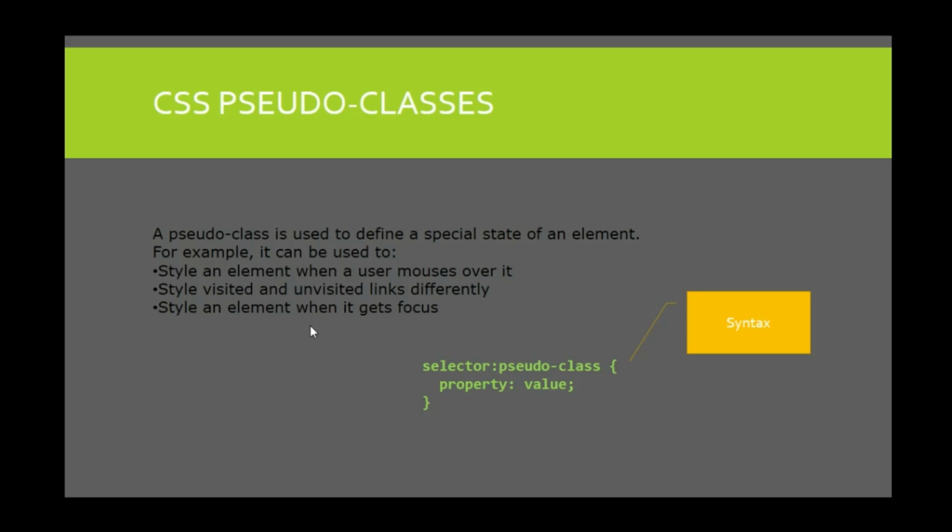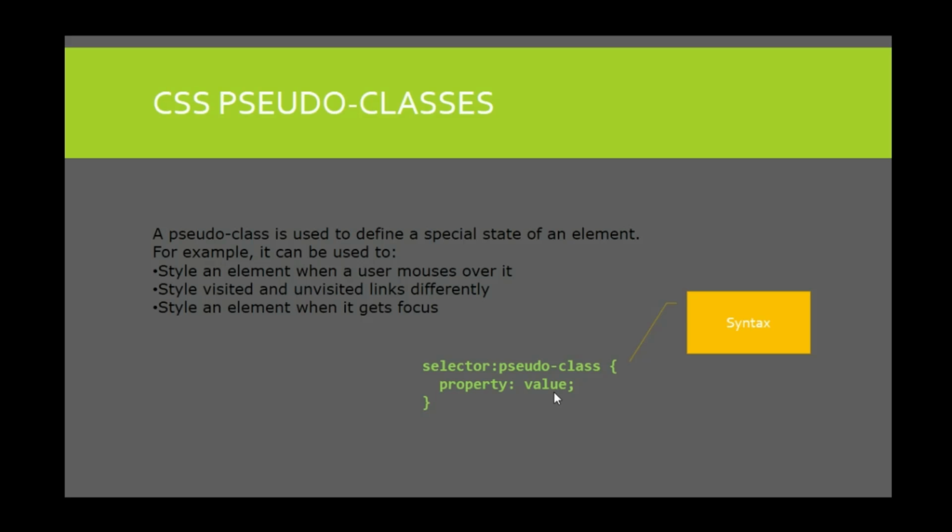And for focus, let's say you bring the cursor to this button, for example, and this button gets focus. We use the focus part. Okay, so this is the syntax for pseudo classes: you have the selector, and then the colon symbol and pseudo-class in curly brackets with property values.